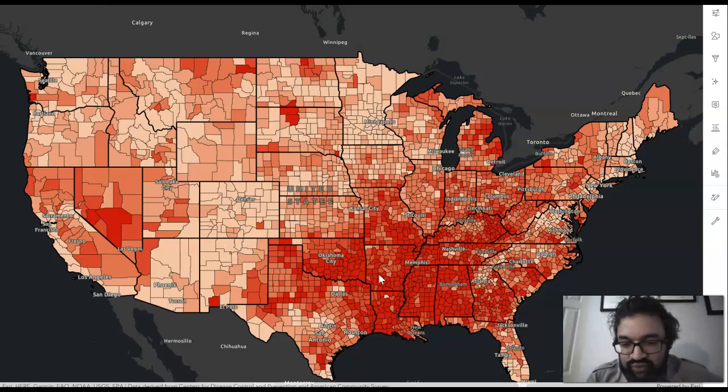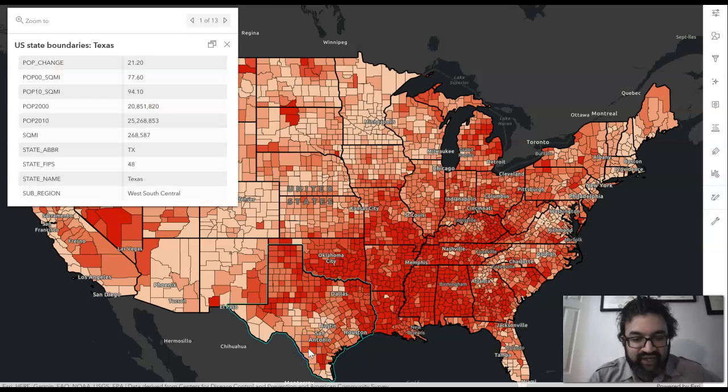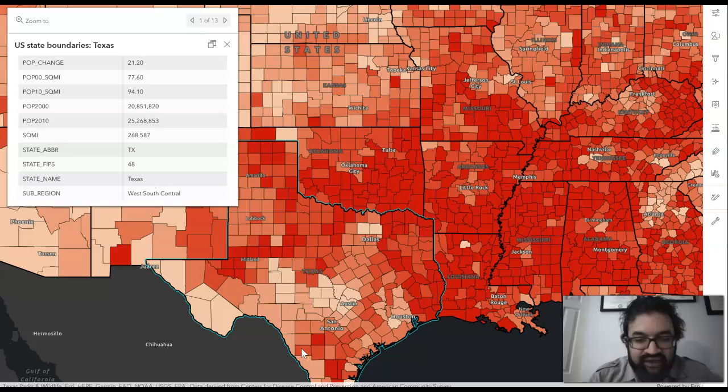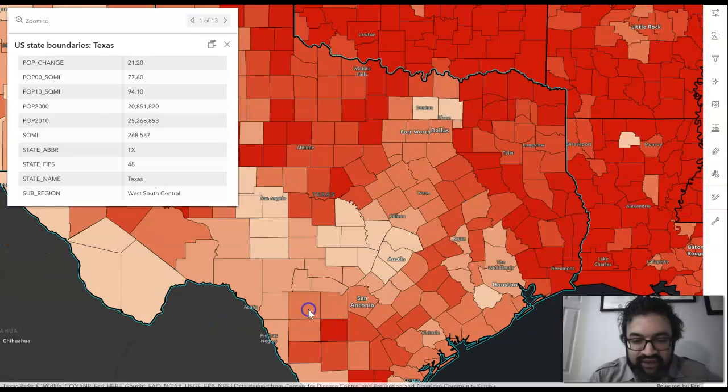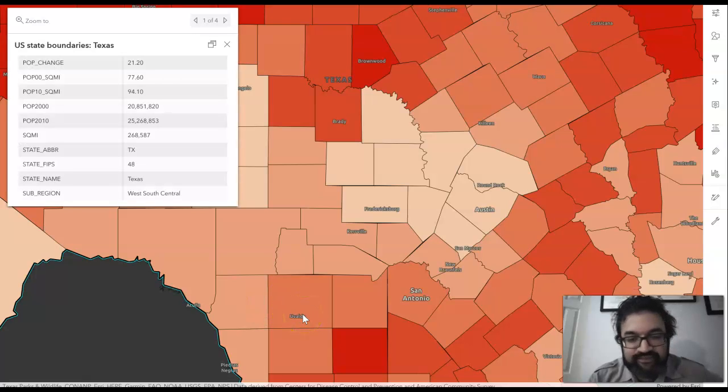If you look more closely at some of the areas I've recently lectured on, such as Uvalde County, due to the unfortunate occurrence of the mass shooting that took place there, this is Uvalde County right here, and it has a fairly significantly high prevalence of cardiovascular mortality.